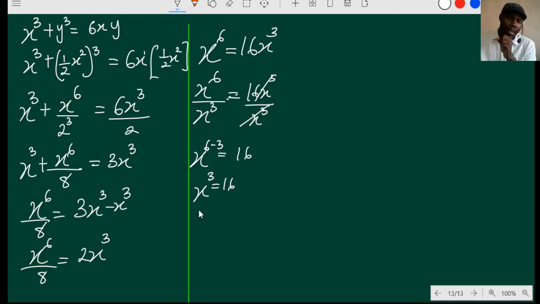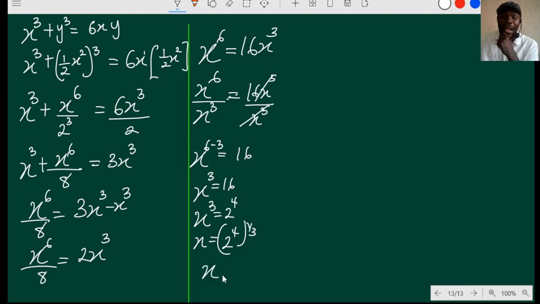We can now say that x to the power 3 is equal to 2 raised to the power 4. Therefore our x will be 2 raised to the power 4 over 3. So let's do something now.